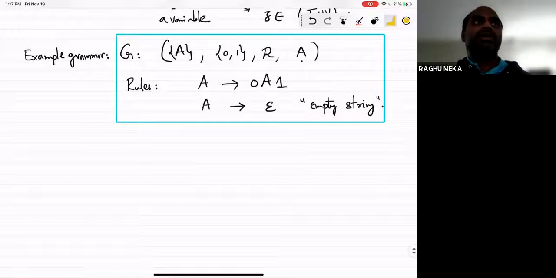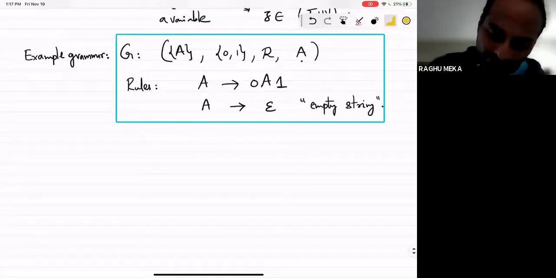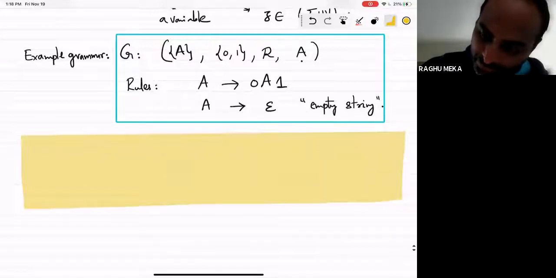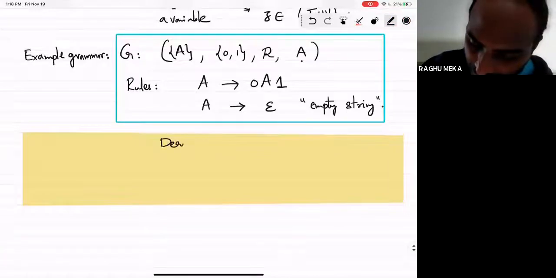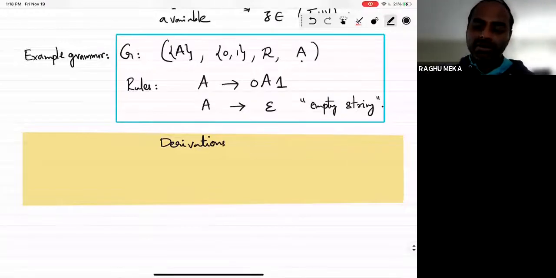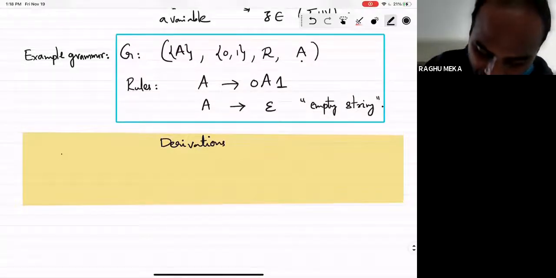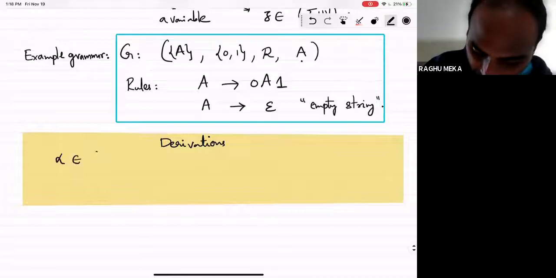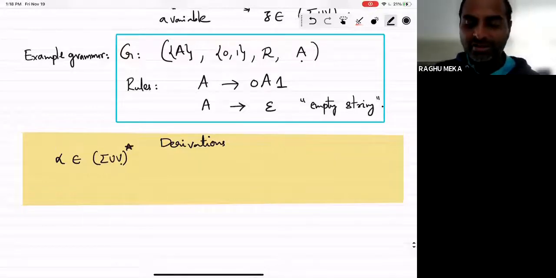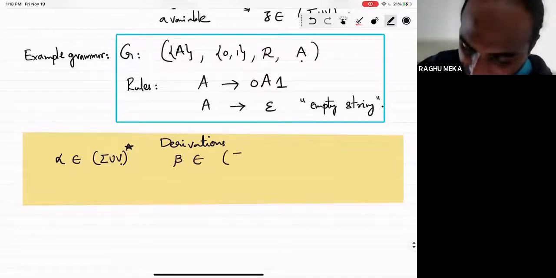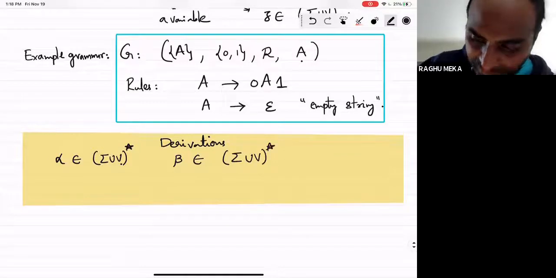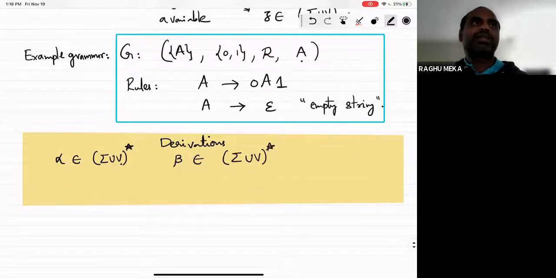And there are two kinds of derivations. Once again, when we look at these examples, things will become clear. So derivations meaning, suppose I have a sequence alpha which is a combination of variables and terminals, and I have a sequence beta of variables and terminals again.